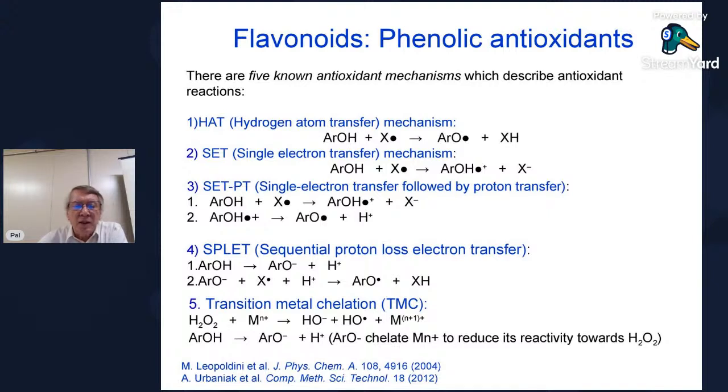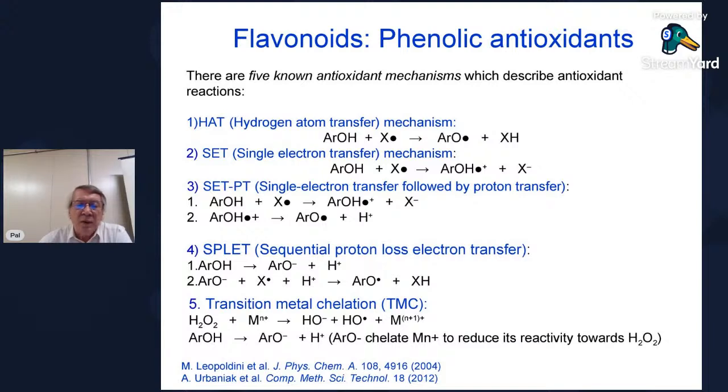Transition metal chelation is also a very important feature of the antioxidant effects of flavonoids, mostly the polyflavonoids, because the transition metals, among them iron and copper, as I mentioned before, readily react with hydrogen peroxide. This reaction, which is referred to as the Fenton reaction, results in hydroxyl radicals.